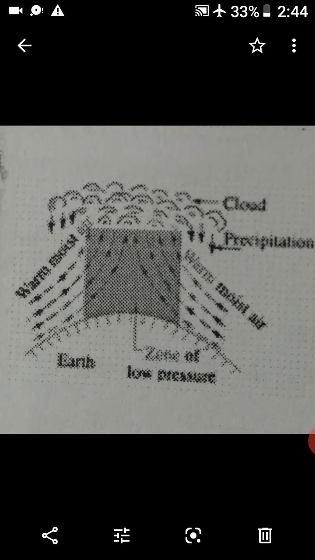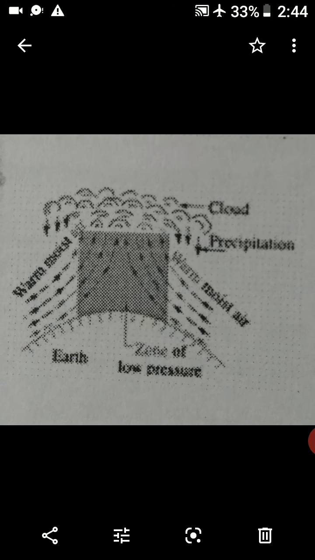And the second one, non-frontal precipitation. You can see on the screen, this is the non-frontal precipitation diagram. You can see the warm moist air on both sides moving up, and at the top the cloud is there.